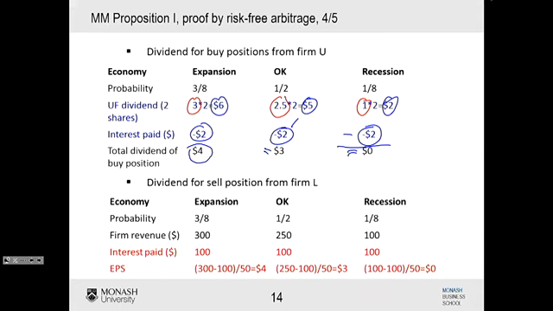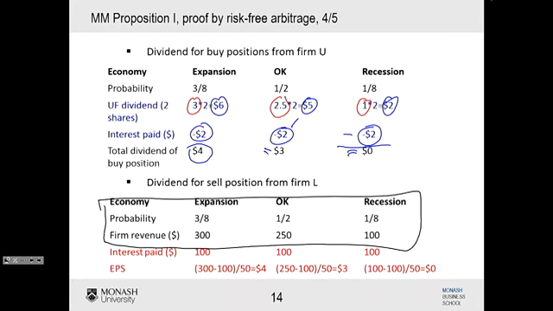So that's your buy position, the dividend. Let's see the sell position, what kind of dividend you can get. You take another sell position in the firm L, the levered firm. The firm generated revenue as before because even though somebody bought the firm, they didn't change the operating activity.